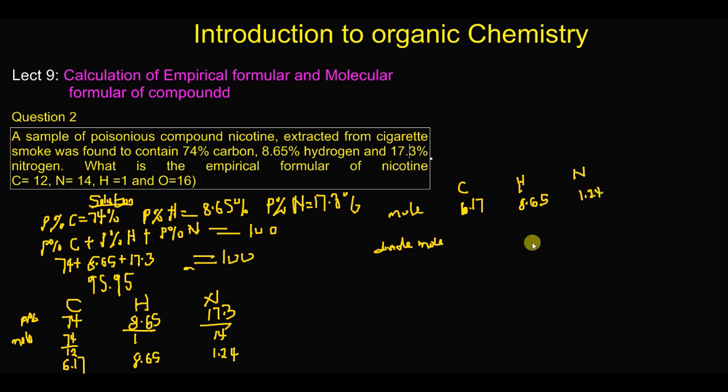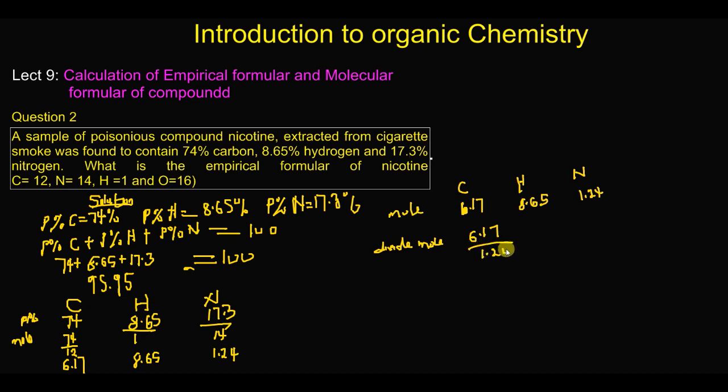So the next step is to divide the mole by the smallest. That is, what is the smallest number here? Is it 6.17, is it 8.65, or 1.24? This is the smallest number, so you divide all throughout by the smallest mole.